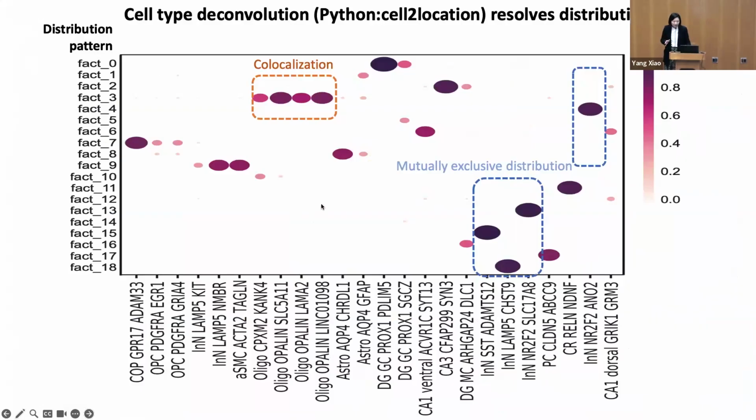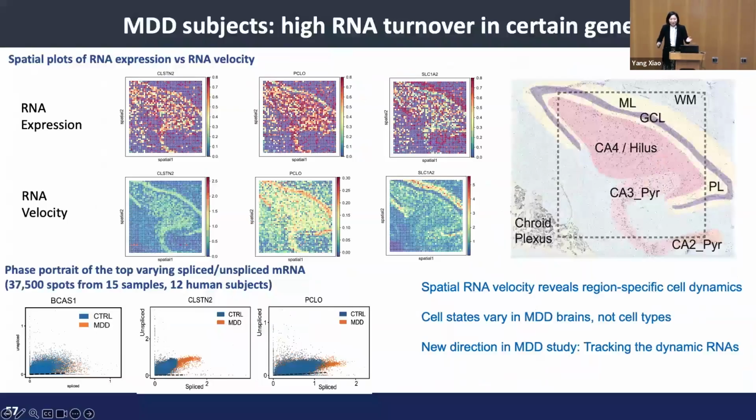So oligodendrocytes co-localize altogether. But inhibitory neurons, in the healthy, are mutually exclusive. They are governing each specific region. But in the MDD patients, their inhibitory neurons are not functioning. They don't have the right feedback. And their RNA velocity is also changed. For the sake of time, I did not get a chance to present, but it's not just the expression, it's also the dynamics.